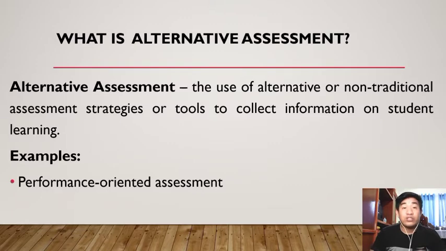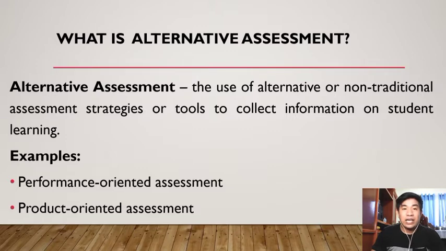Example, a PE teacher teaches the basic of cha-cha. Of course, how can the teacher assess whether the students have learned the basic of cha-cha? Of course, the teacher has to let the students perform the basic dance steps. Okay? So another is product-oriented assessment. In this particular type of alternative assessment, the teacher focuses on the outputs, the tangible outputs of the students.